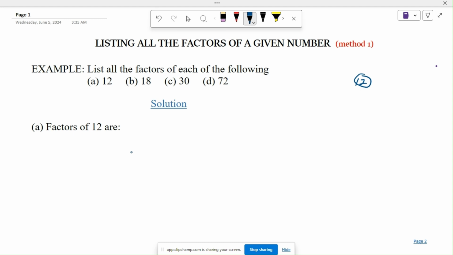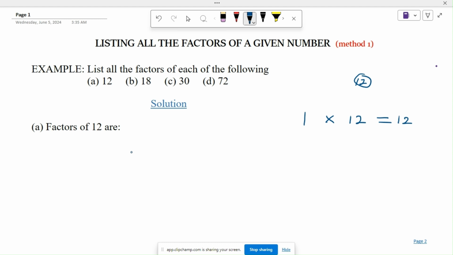Now, if you consider 1 and you multiply 1 by 12, your outcome will be 12. Right? If you divide 12 by 1, you obtain 12. So 1 is a factor of 12 and 12 is also a factor of 12.